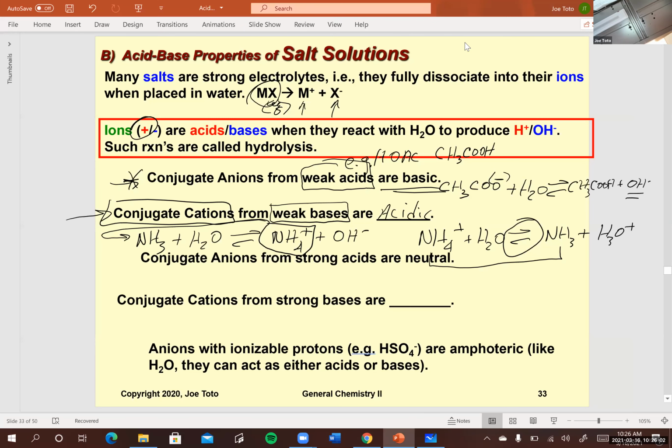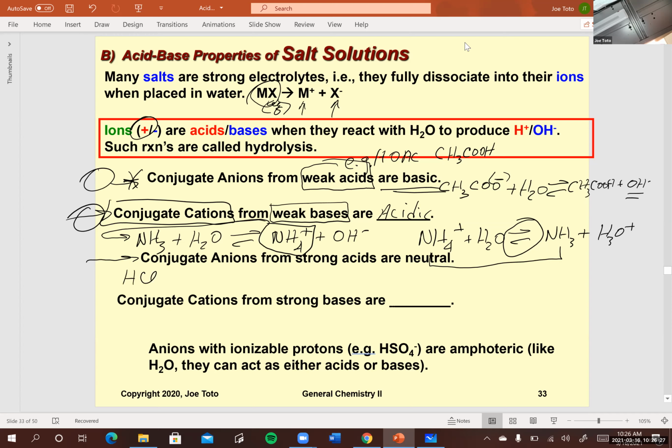All right. So, any questions so far on this guy and this guy? All right, then we go down to the next one. Conjugate anions from strong acids are neutral. Now, what's a strong acid? Let's see, HCl.